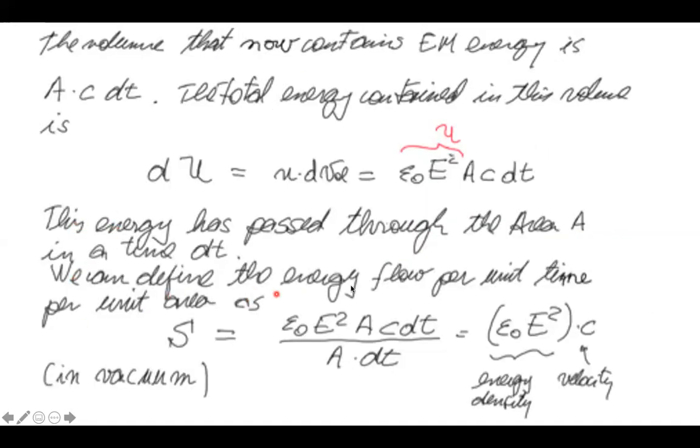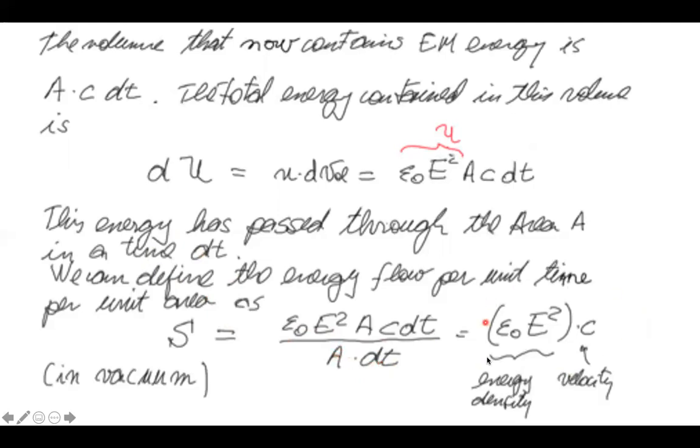So we can define the energy flow per unit area per unit time, and we define it as this letter S in vacuum, which is the total energy that we have here divided by the area and the time. That would be the energy that has passed per unit area, per unit time.